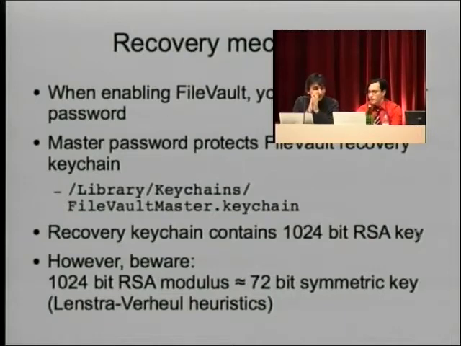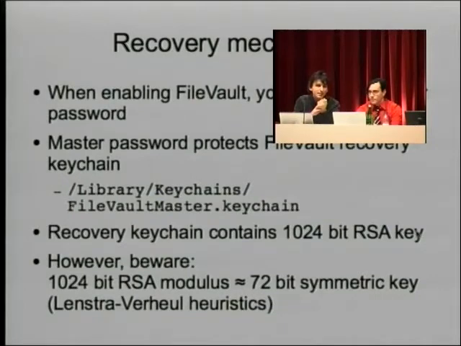Now, the problem is there's something called the Lenstra-Verheul heuristic. What this does is basically it establishes a mapping between the parameter sizes of symmetric and asymmetric key cryptography. And, well, Apple claims they have 128-bit security, but this, if you have set a master password, is not quite true.